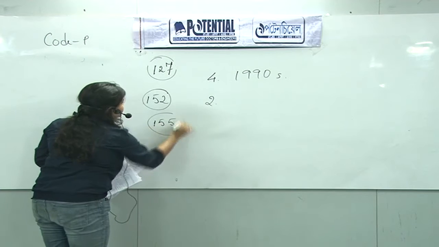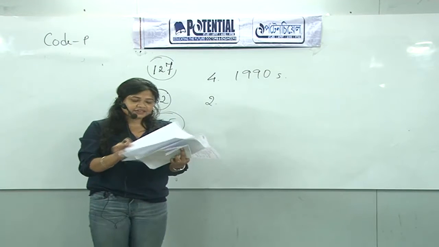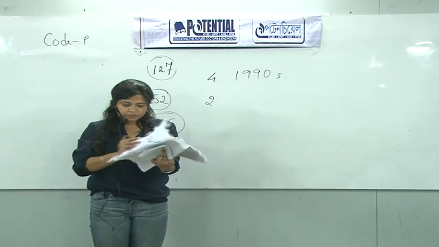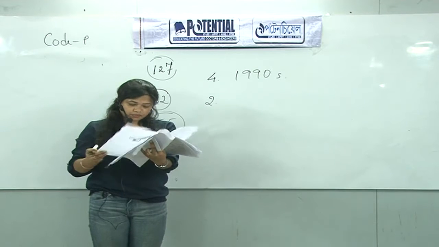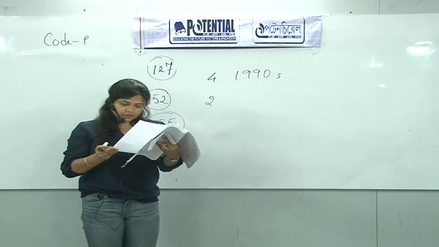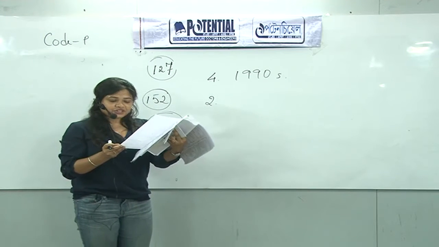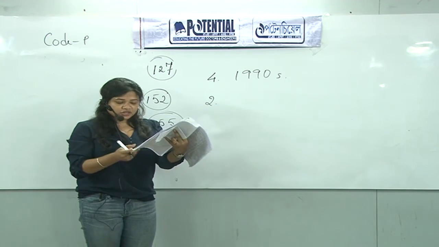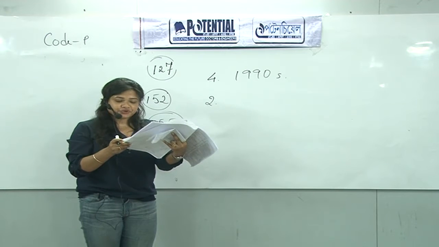Next we come to question number 155. Question number 155: when does the growth rate of a population following the logistic model equal 0?